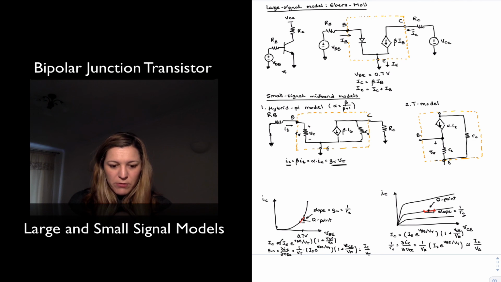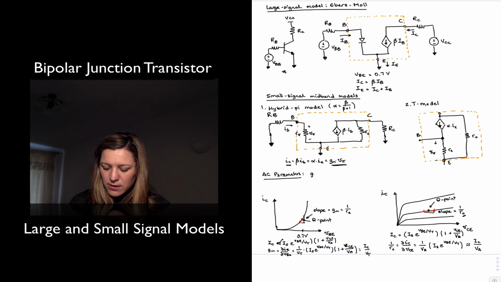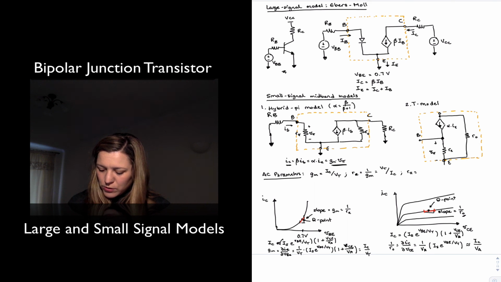So let me write again the AC small signal parameters, and maybe I'll include that one this time. We had gm being equal to IC over VT. We had little r first, being equal to 1 over gm, so VT over IC. R pi was equal to beta times little r.